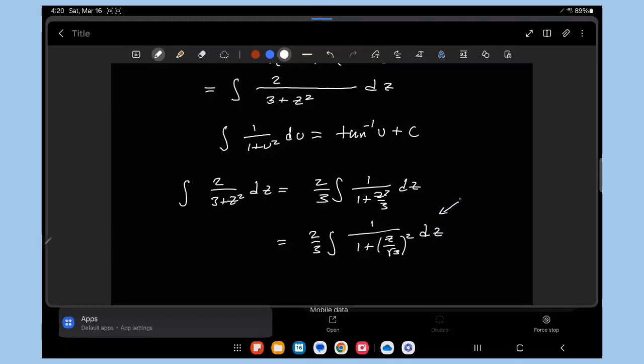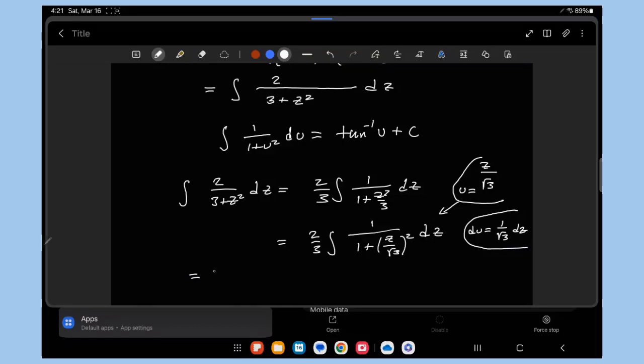And we look at that and we'll make a substitution. U equals z over the square root of 3. And in that case, du is going to be 1 over square root of 3 dz. So these are the two substitutions that we'll make.